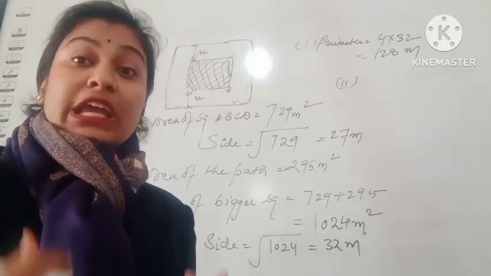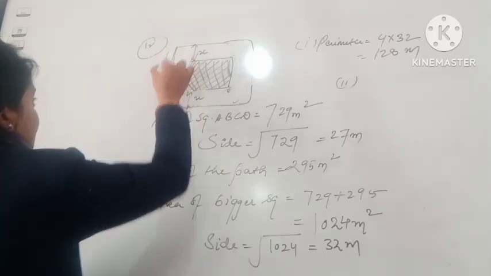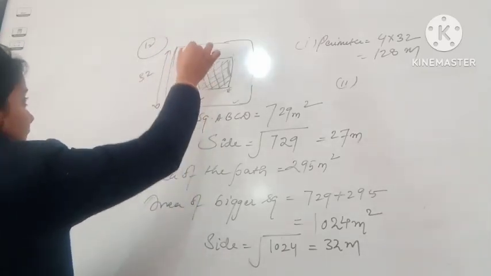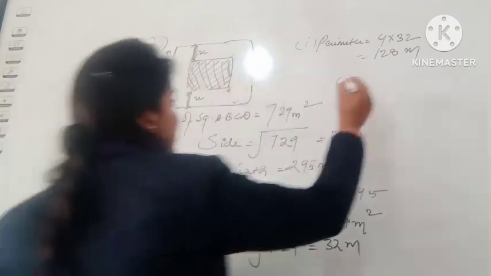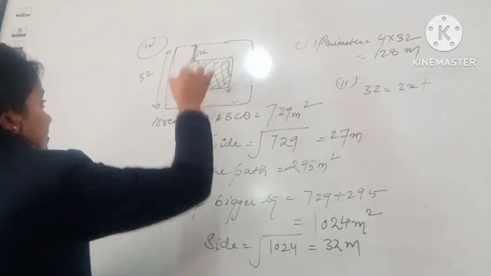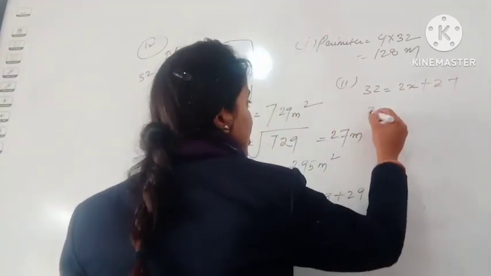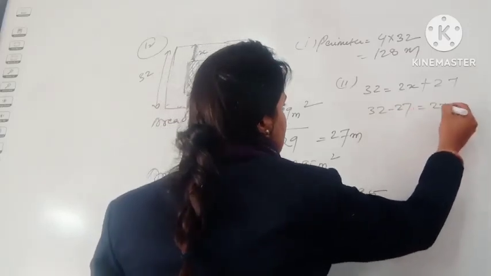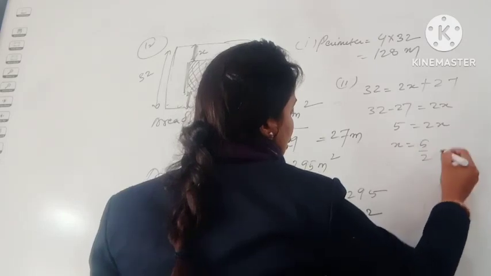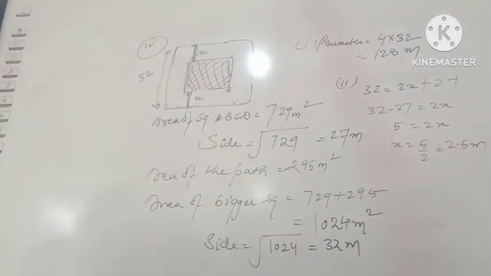So, if I have calculated it as 32, can I write x plus x, that means 32 equal to 2x plus this side, which comes out to be 27. So 32 minus 27 will give you 2x. 5 is equal to 2x, so x is equal to 5 by 2, which will come out to be 2.5 meter. And hence 2.5 meter is the width of the path.